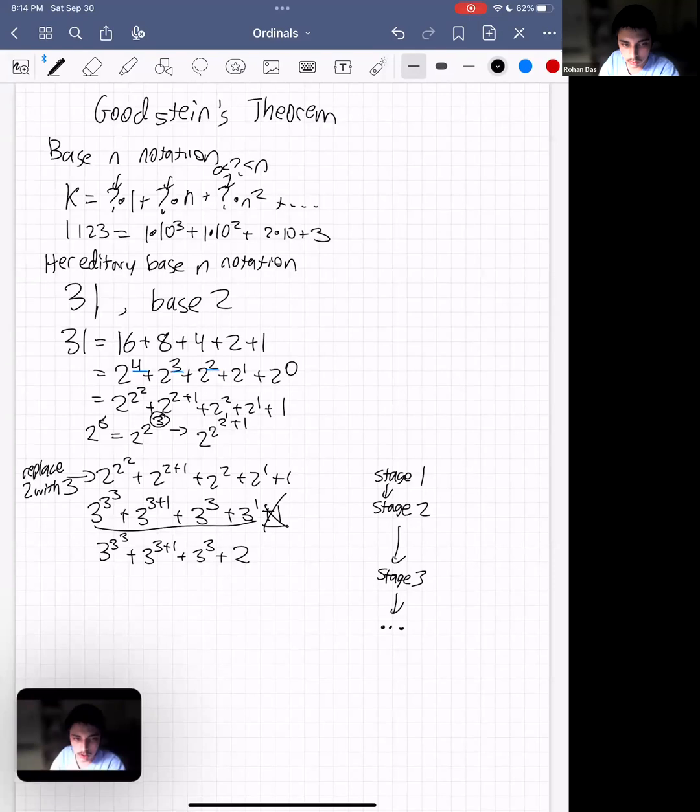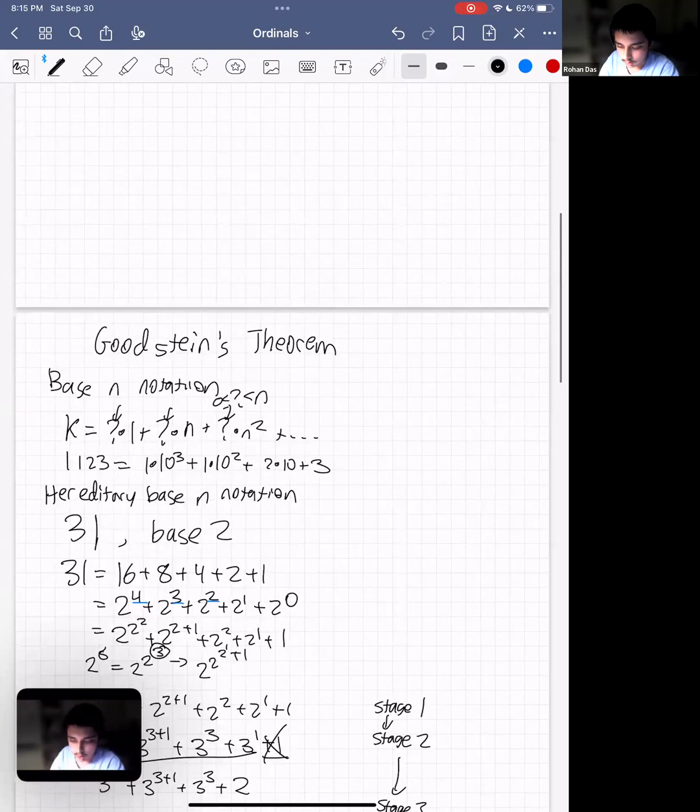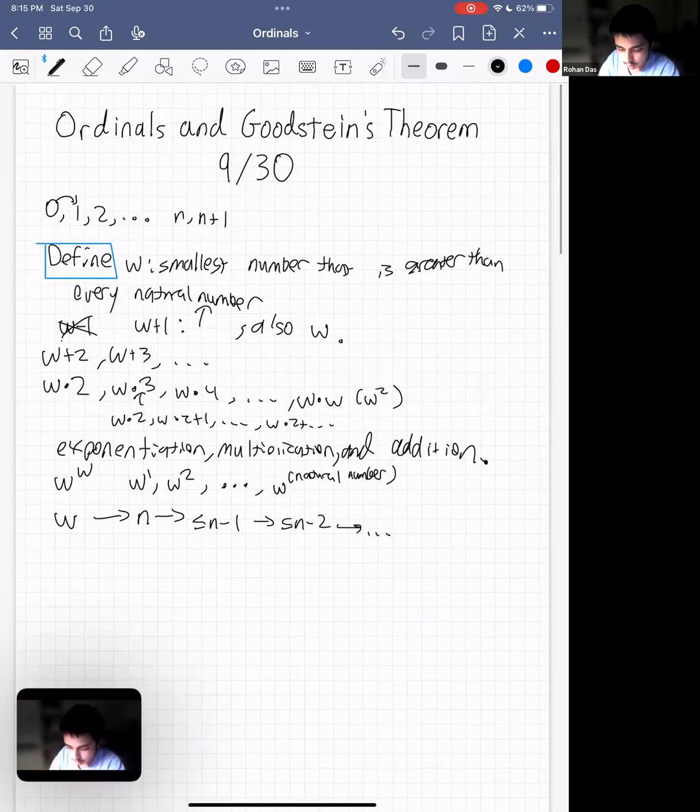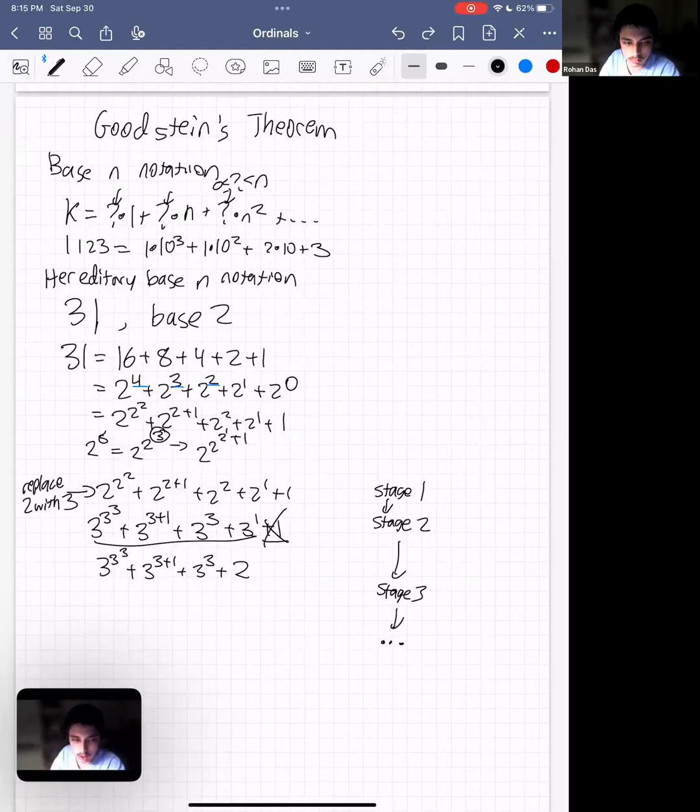Ultimately, it's because when you subtract 1, this is similarly motivated as how there's no such thing as omega minus 1 in the ordinal numbers. You can never have a minus 1. So if we look at the constant term, it's going to have to keep decreasing.